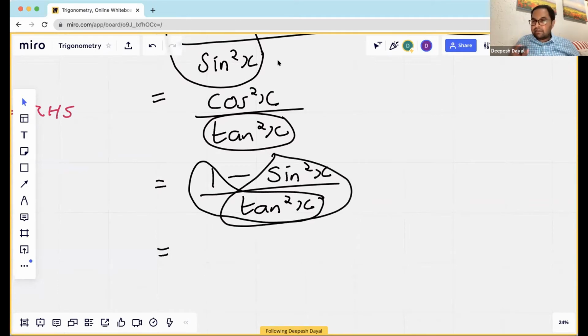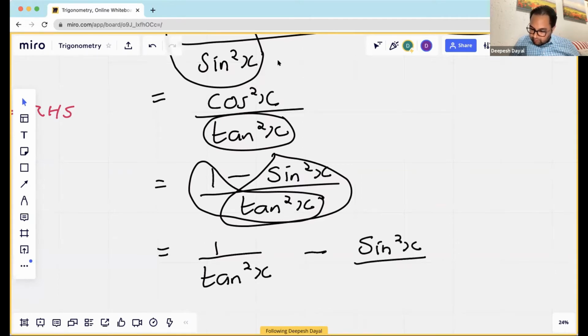If this is a more difficult way of doing it, please don't be stressed, because remember, you did prove it using the other method. This is just an additional way, right? So we then have 1 over tan squared x minus sine squared x over tan squared x.